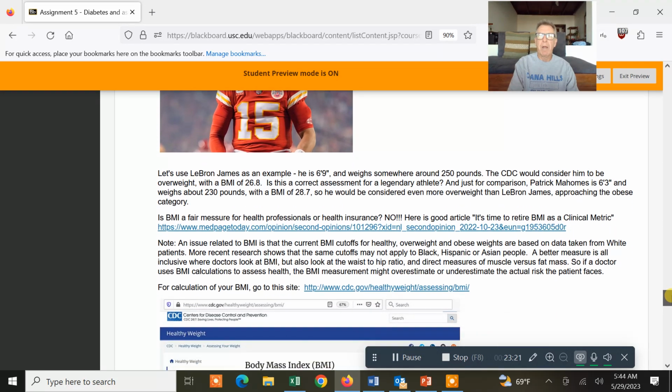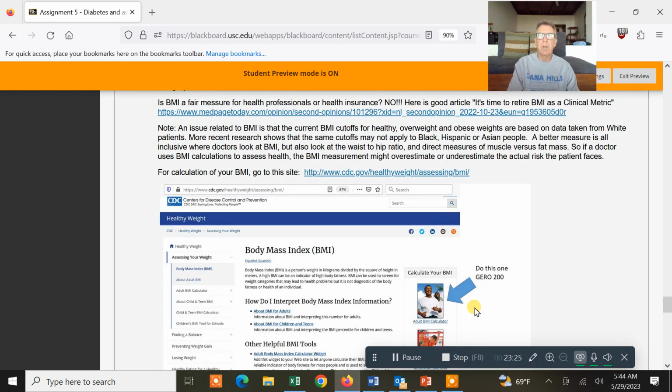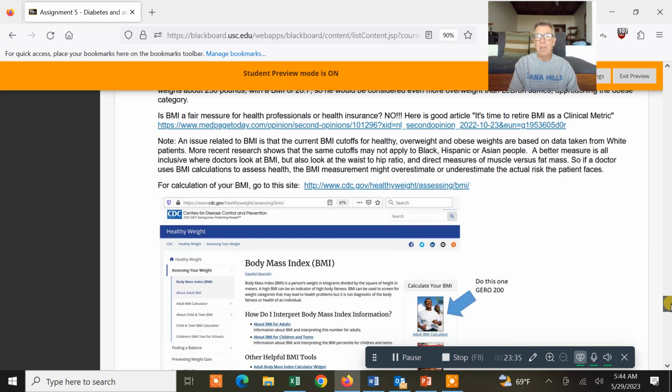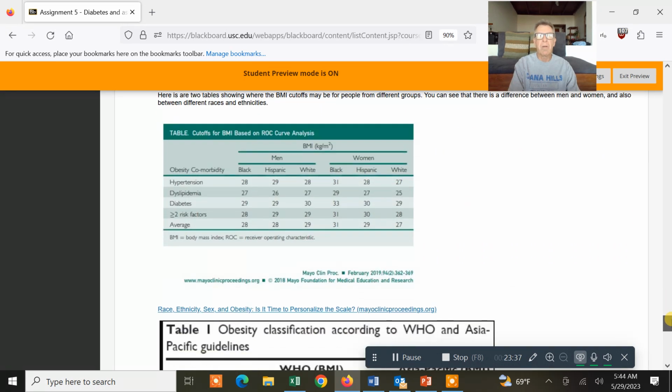And so what we want you to do is to go in here and measure your BMI, okay? There's an article about the BMI as a classic metric. It's not great, but see how you stack up, and will you be considered healthy, okay?